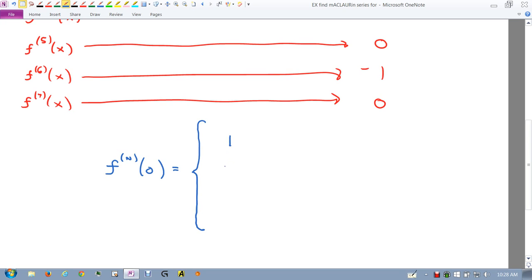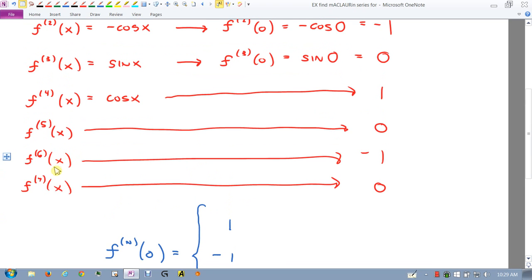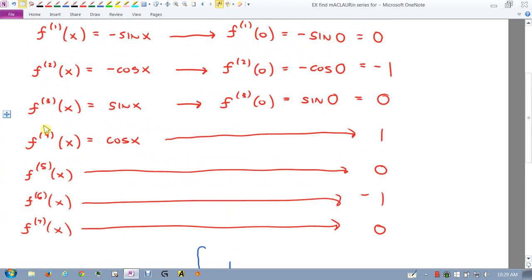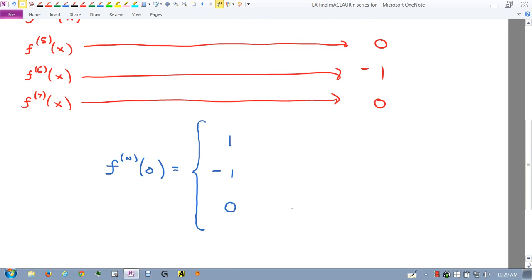It's 1, -1, or 0. When is it 0? Tell me when it's 0. Anytime the derivative you're taking is what? Odd. Do you agree? So I'm going to put it 0 if n is odd.